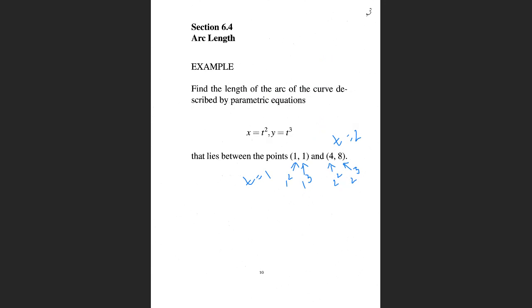Now we can actually graph this curve if we want an idea of what it looks like. Sometimes it's nice to see what the arc looks like, right? So let me go into the graphing calculator for Desmos, and I'll bring it up here because Desmos is popular.